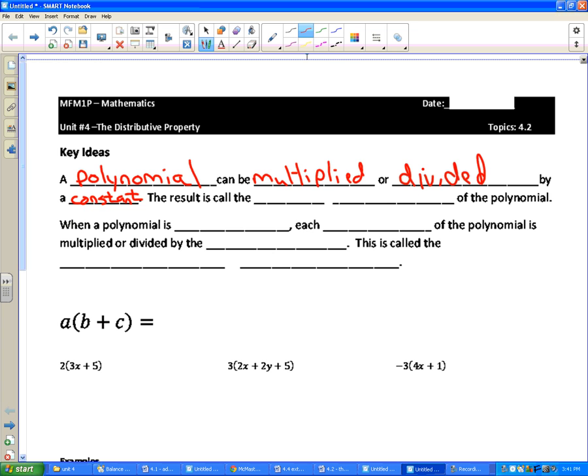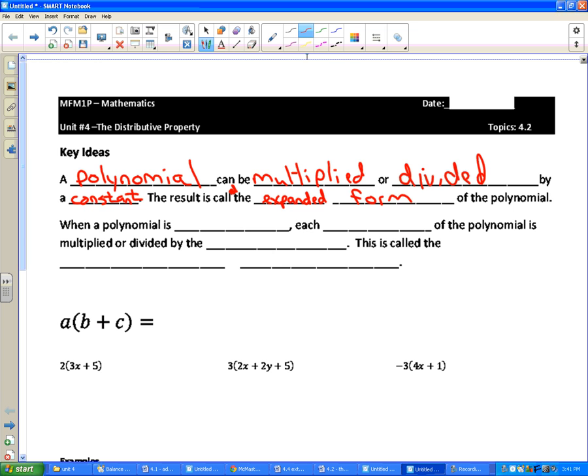And the result is called the expanded form. So we have the expanded form of the polynomial.